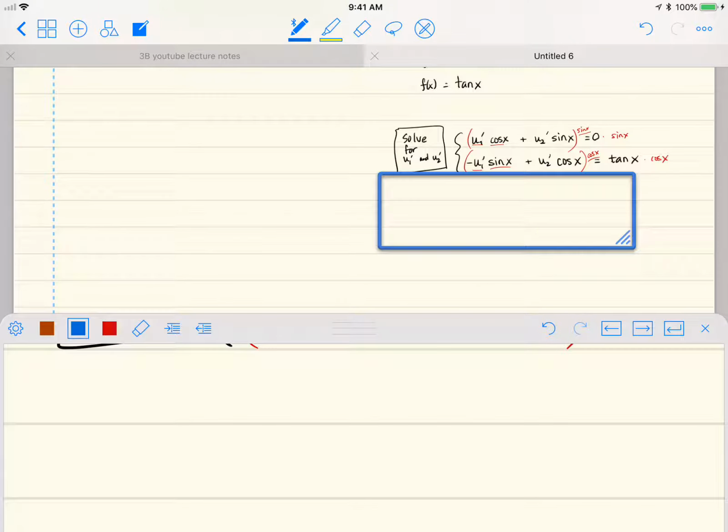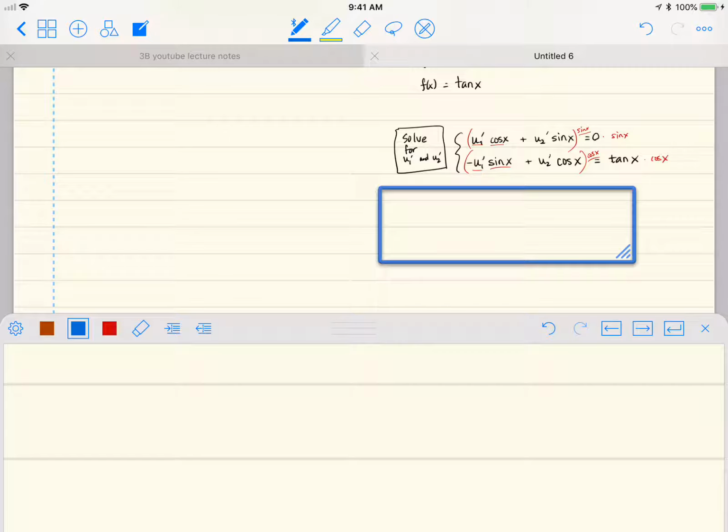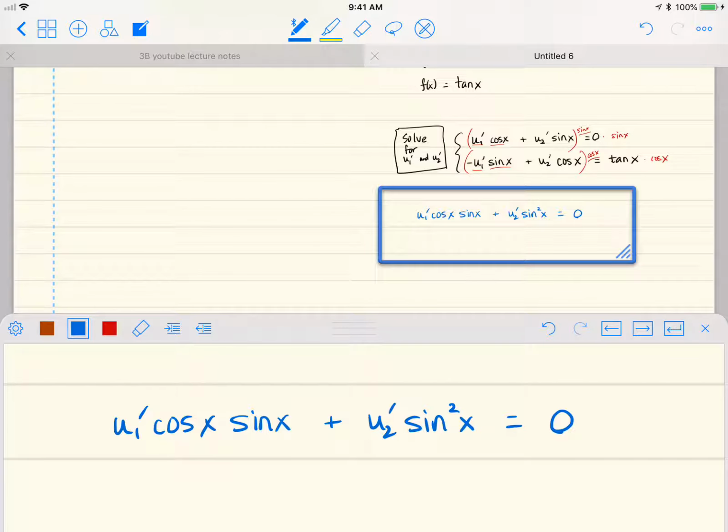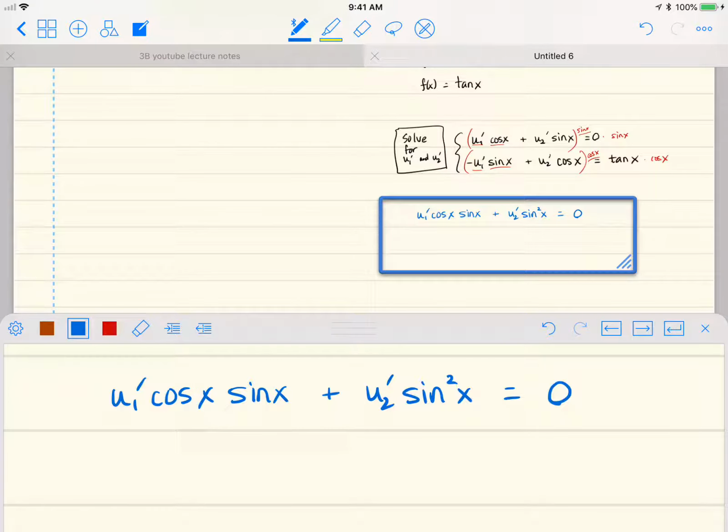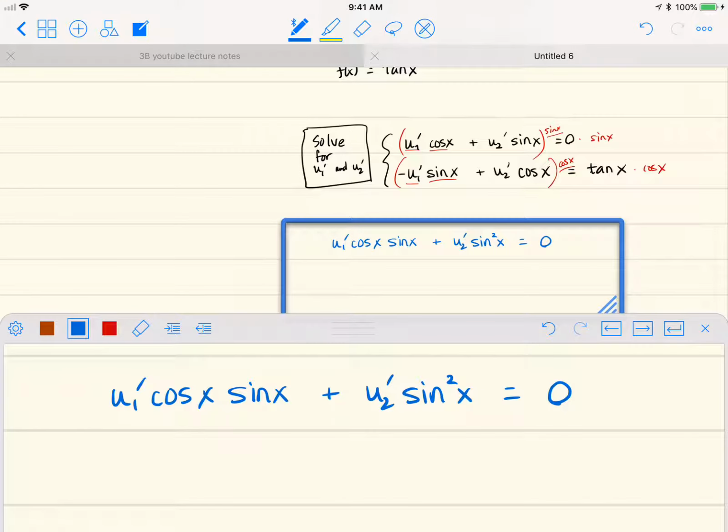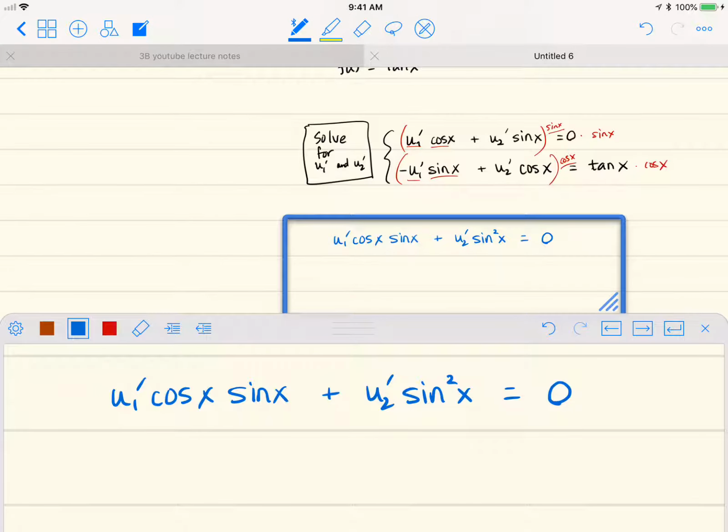Let's go for it. Okay, so I'm multiplying the first equation by sine x, so I've got u1 prime cosine x sine x plus u2 prime sine squared x equals 0. And the second equation I'm going to multiply by cosine x.